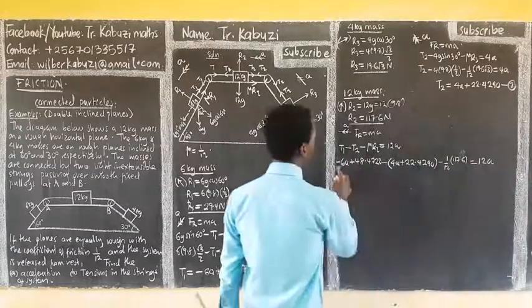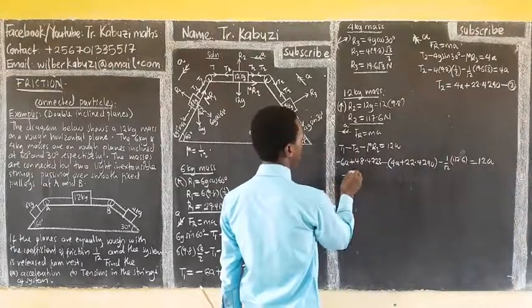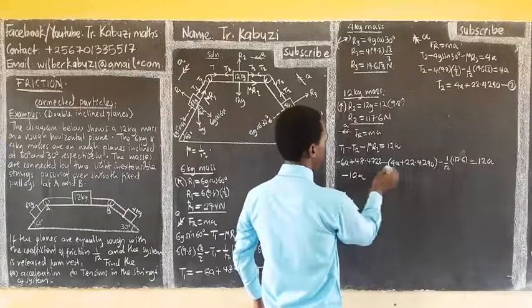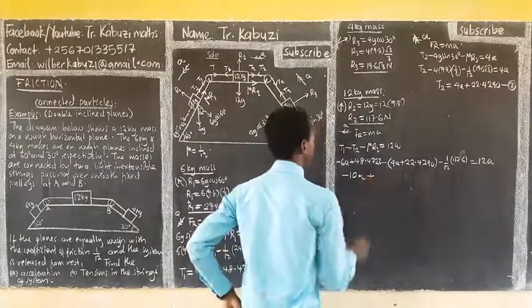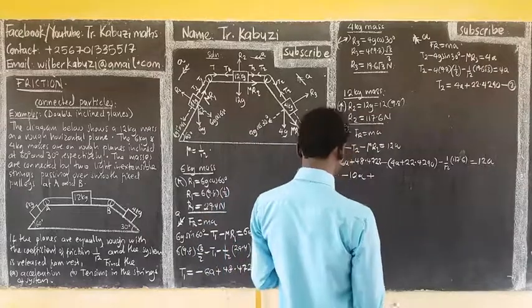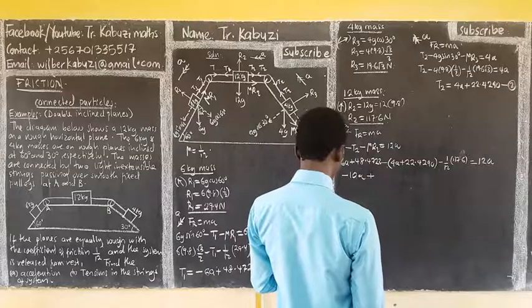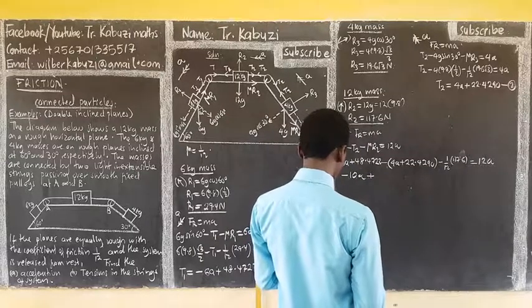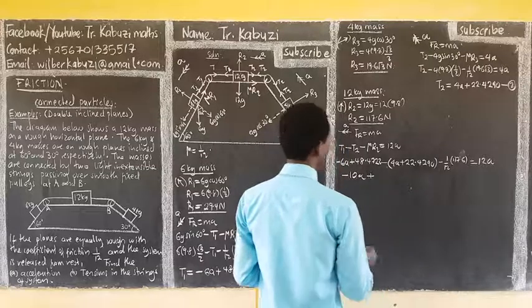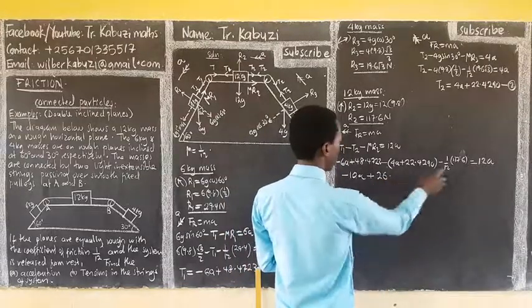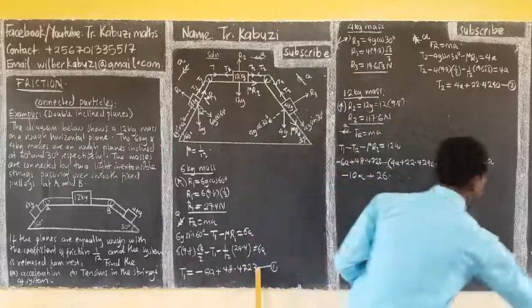So here I'll be having negative 10A. Then we simplify here. This one is going to be a plus. This one is going to give me 48.4723 minus 26.8, sorry, then minus the other one.